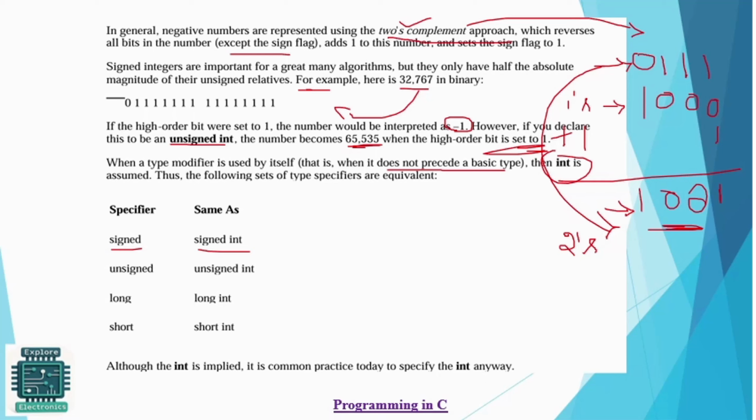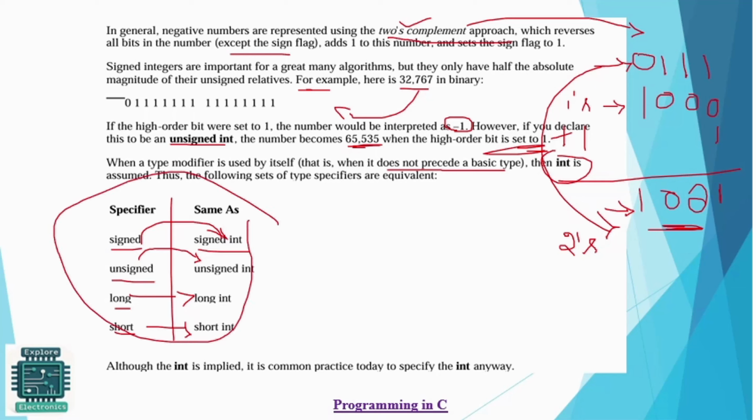While writing a program, if you type the data type as only signed, unsigned, long, or short, then the compiler assumes it as signed int, unsigned int, long int, short or short int. Both are same. By default, int is taken. Although the int is implied, it is common practice today to specify int anyway, right? Even if it is the same, we will mention int in our program to make us understand easily.